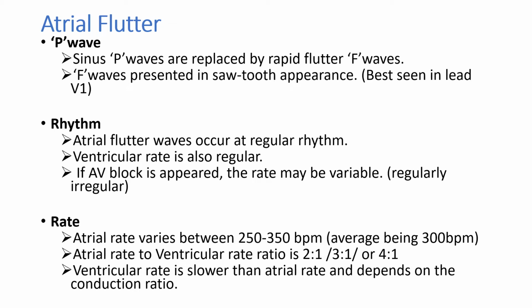Atrial rate varies between 250 to 350 beats per minute. Atrial rate to ventricular rate ratio is 2:1, 3:1 or 4:1. Ventricular rate is slower than the atrial rate and depends on the conduction ratio.